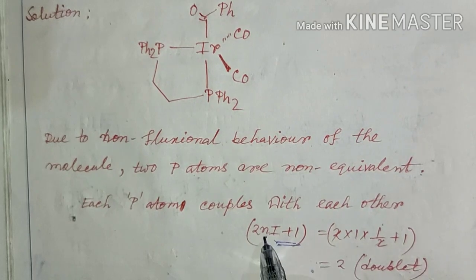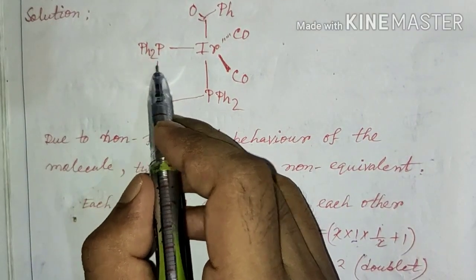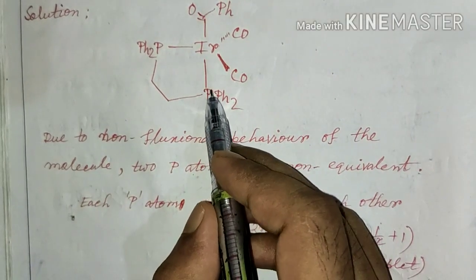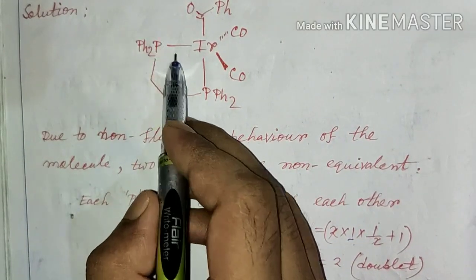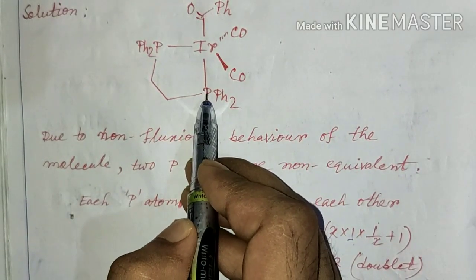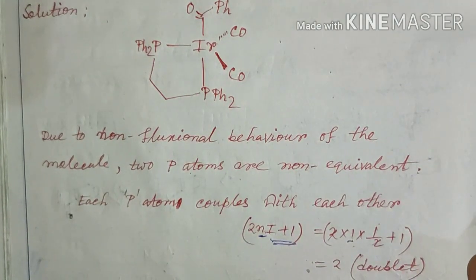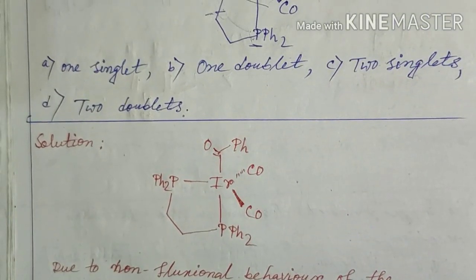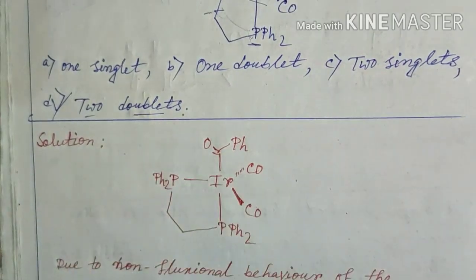Since n is equal to 1 and the I value for this phosphorus nucleus is half, one phosphorus nucleus will be a doublet. Similarly, this phosphorus nucleus will be coupled with the other nucleus and will also be a doublet. That means there will be two peaks and both peaks will be doublets. So option D, two doublets, is the correct answer.